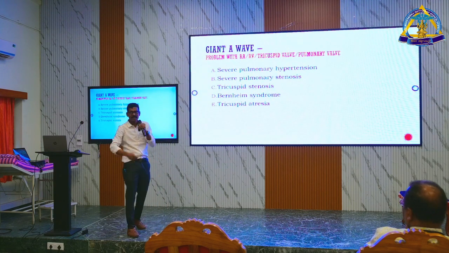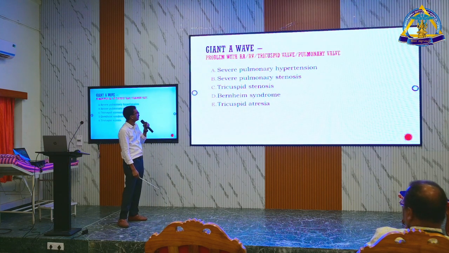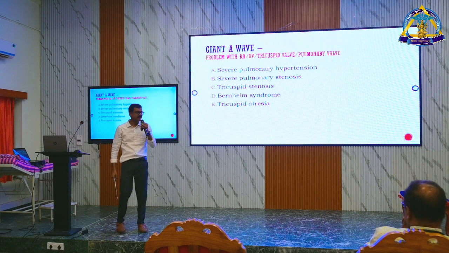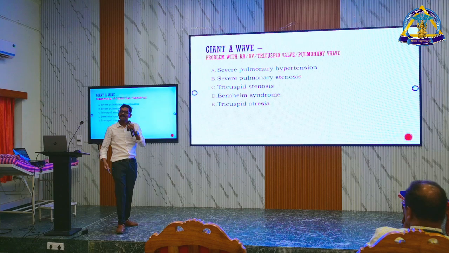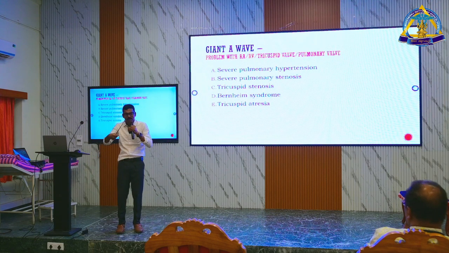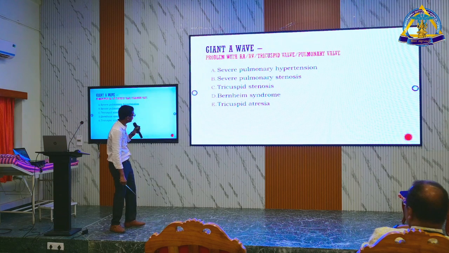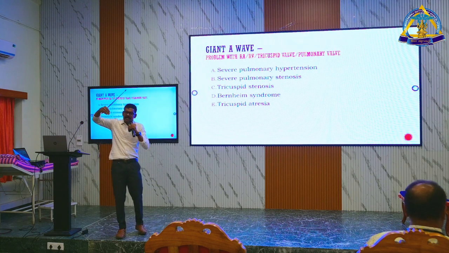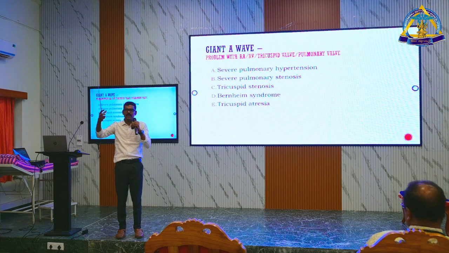Then read the second. Same thing, again the RA has to push. There is an outlet obstruction, so the RA will try to overcome the resistance. Bernheim syndrome is nothing but the interventricular septum bulging into the right side due to a left ventricular problem.